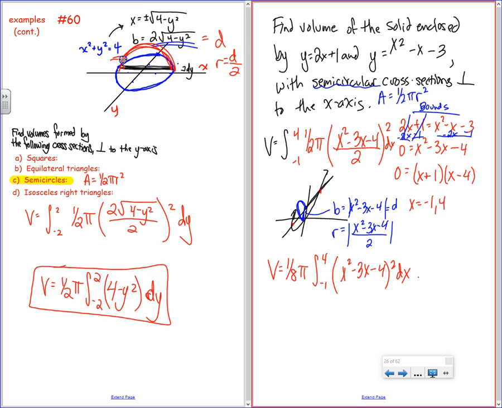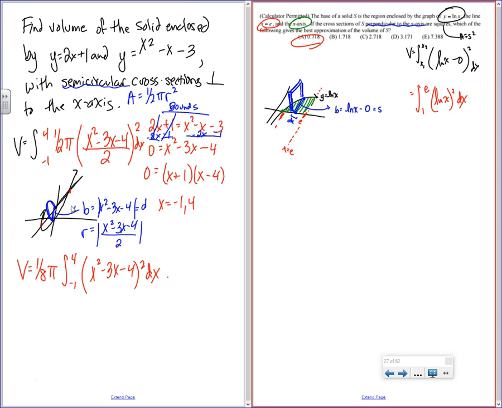The region was not being rotated. There was a solid generated with cross-sectional slices that were bounded by the region itself. So this semicircular slice, for cross-sections, we had to actually take the right minus the left and cut it in half, because the right minus left is a diameter. And so there was something extra with cross-sections when there was a semicircle.